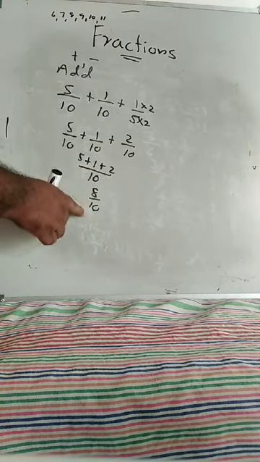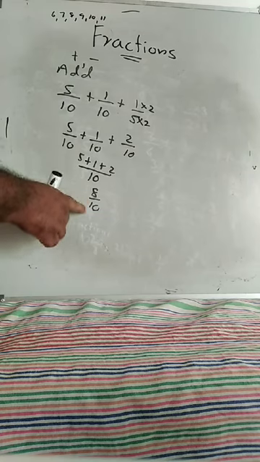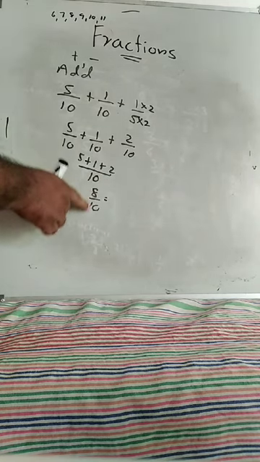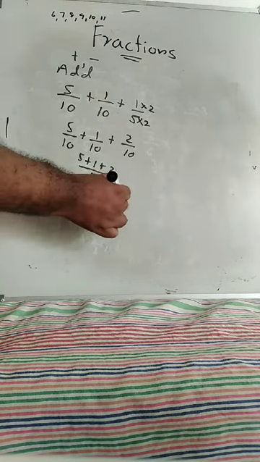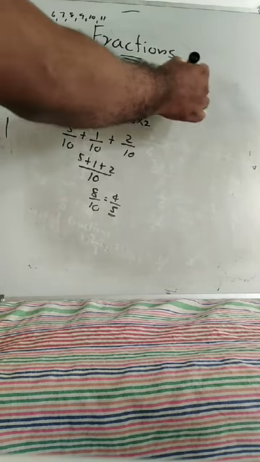Then you can simplify this. 8 and 10 are both multiples of 2, no? Then 8 divided by 2, equivalent fractions, no? You can divide both. When divided by 2, 4 upon 5. The last one when simplified is 4 upon 5. Understand? Right, okay.